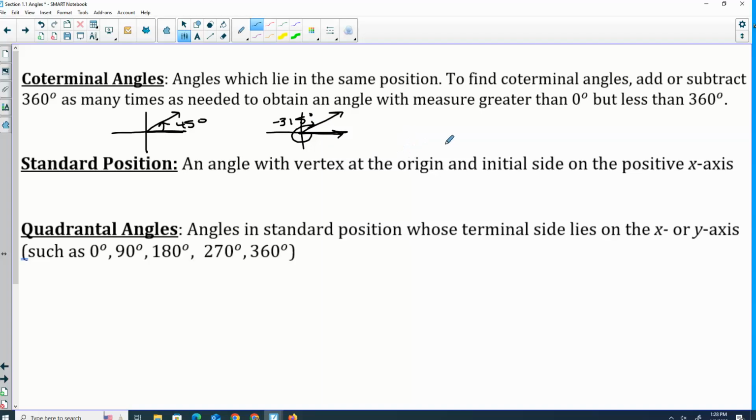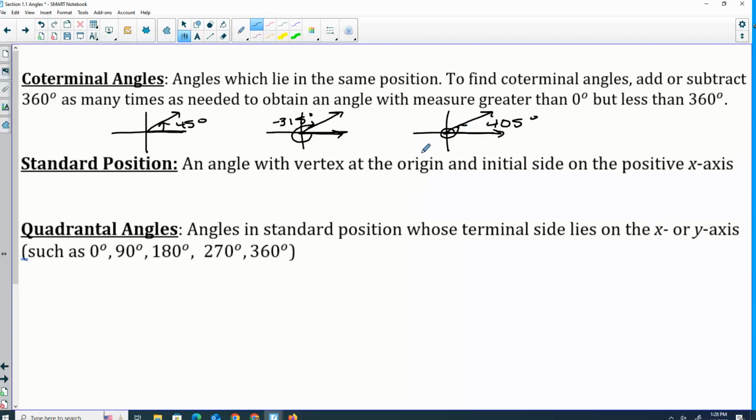So 45 and negative 315, those numbers are different, but if I graph them, they end at the same spot. Or if I did 405 degrees. Okay, 405, so 360 is all the way around, and another 45. Those are all coterminal. They're different angle measures, but if you graph them, they end at the same spot.